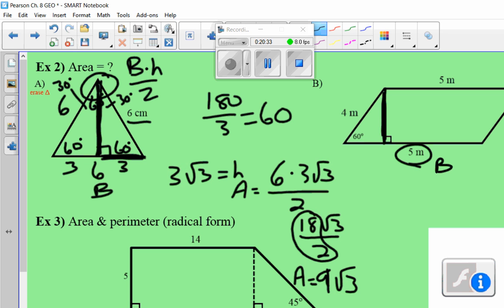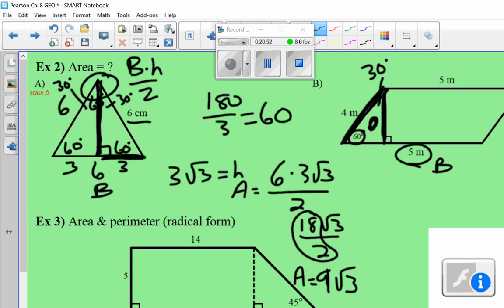But my height can't be this diagonal length here, okay? So since they gave me a clue, that's a 60-degree angle, so this is 30 degrees. So I've got a 30, 60, 90 triangle out here on the end, okay?